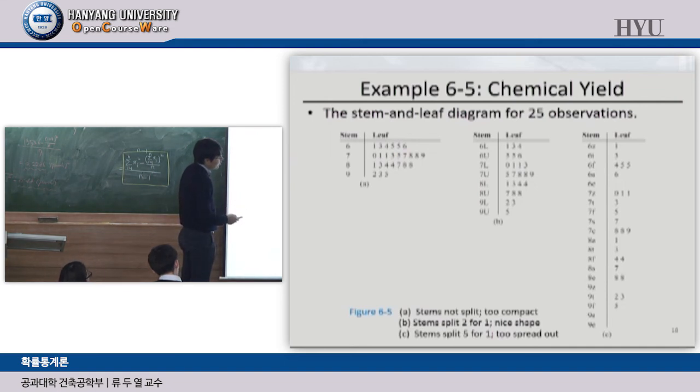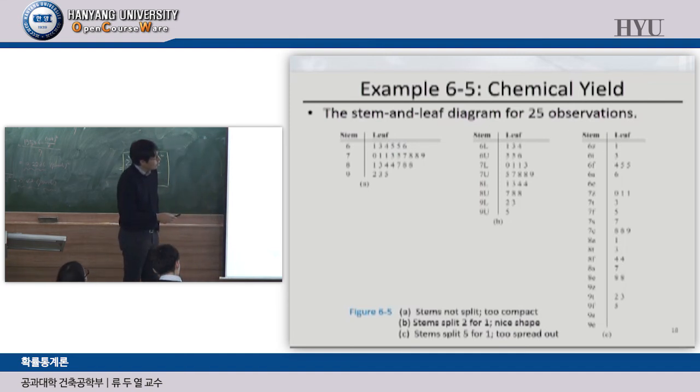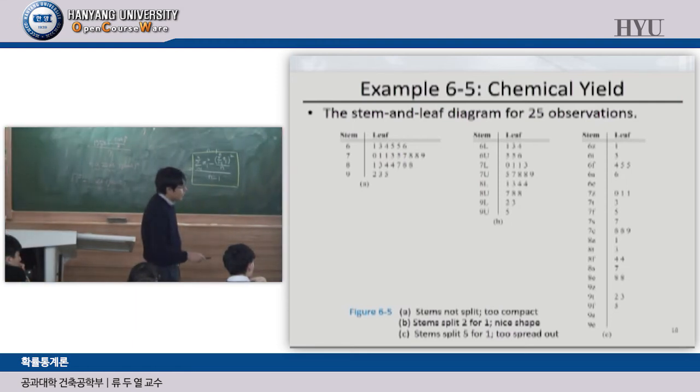And as you can see here, you can see the better distribution of the data points, okay, as compared to this one. This is too compacted. As compared to table A, we have the better distribution of the data by splitting the stems. And if we split the stem into 5 parts, based on the previous slide, this is too spread out, right?